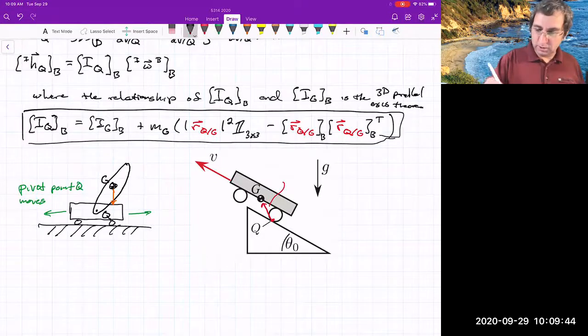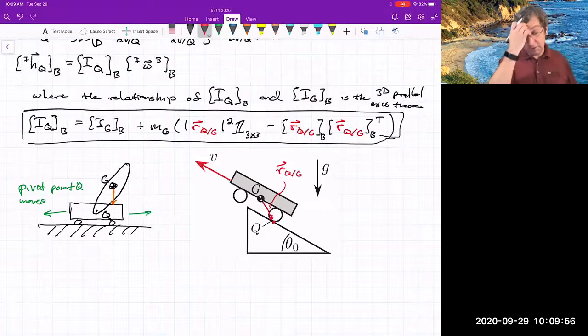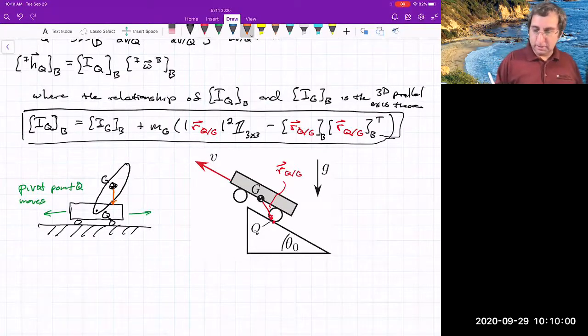I guess you actually want to know the opposite vector. What is the location of Q with respect to G? So here's that point. You want to get Q with respect to G because that's what enters in the dynamics. And there would be a moment due to gravity acting at the center of mass. So there'll be some moment.